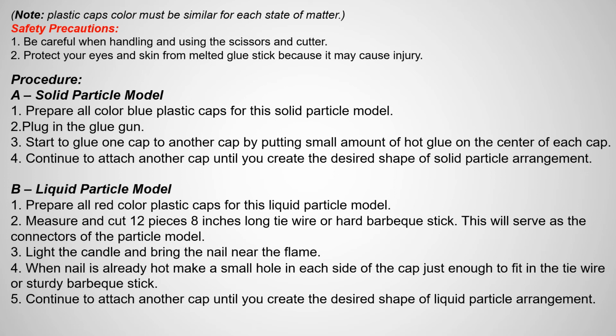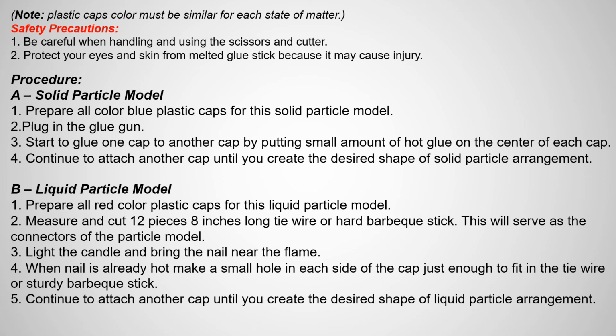Letter B, liquid particle model. Number 1, prepare all red color plastic cups for this liquid particle model. Number 2, measure and cut 12 pieces 8 inches long, tie wire or hard barbecue stick. This will serve as the connectors of the particle model.